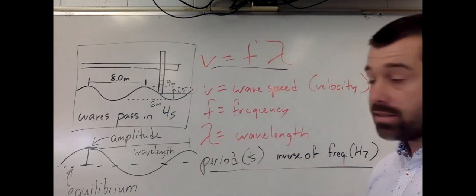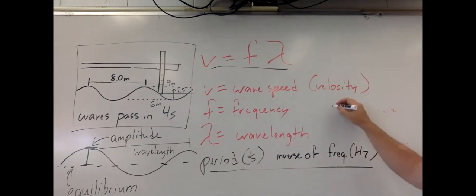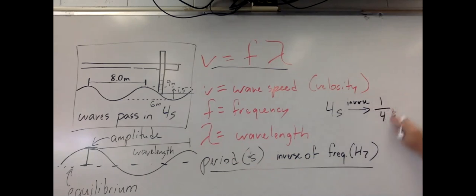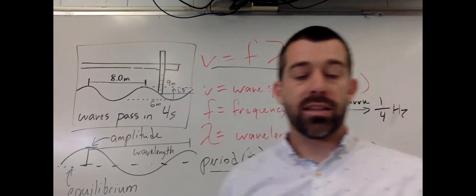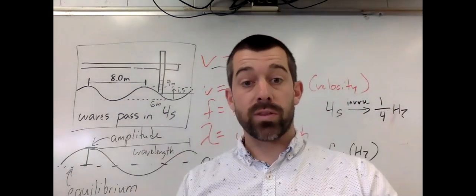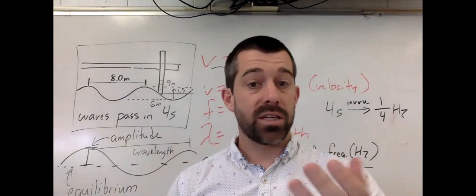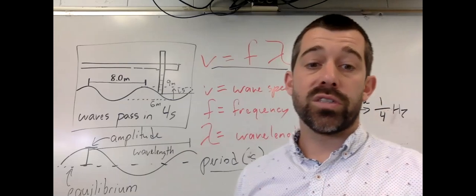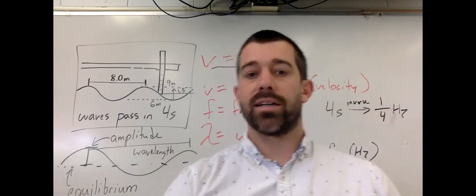So what that means is if my period was 4 seconds, which it was, then I'm going to do the inverse of that, which means just 1/4 is my number of hertz. Now, I don't think the problem gives it to you as 1/4. It doesn't give it to you as a fraction because usually in science we use decimals. So it's going to give you 0.25 as your correct answer.